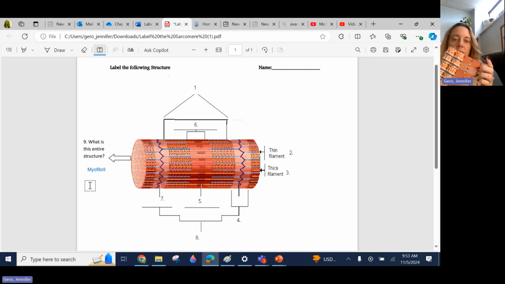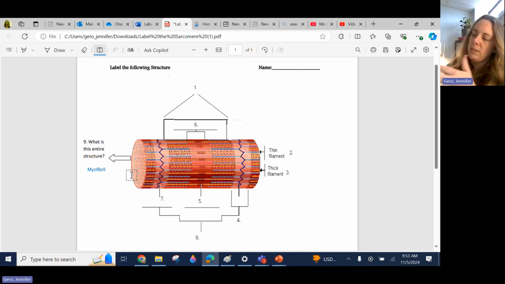So this is the skeletal muscle cell that we have seen in class. This is the cell, and on the inside of it there are a bunch of myofibrils. What you're seeing here on the screen is a myofibril, one of these things.